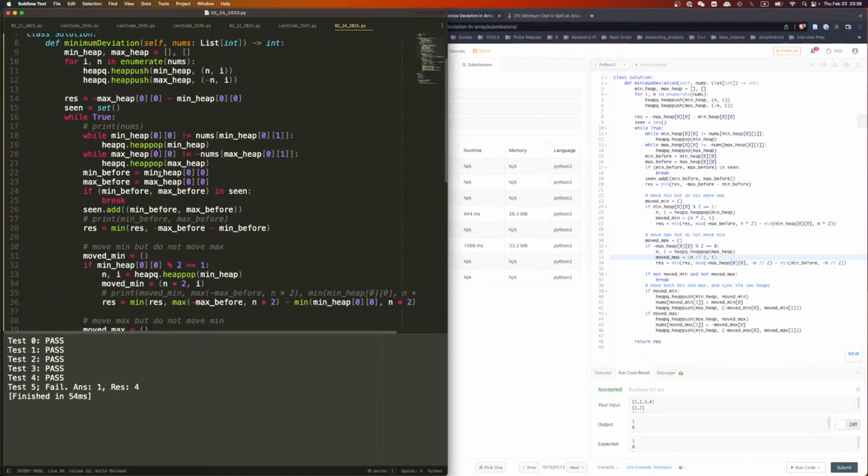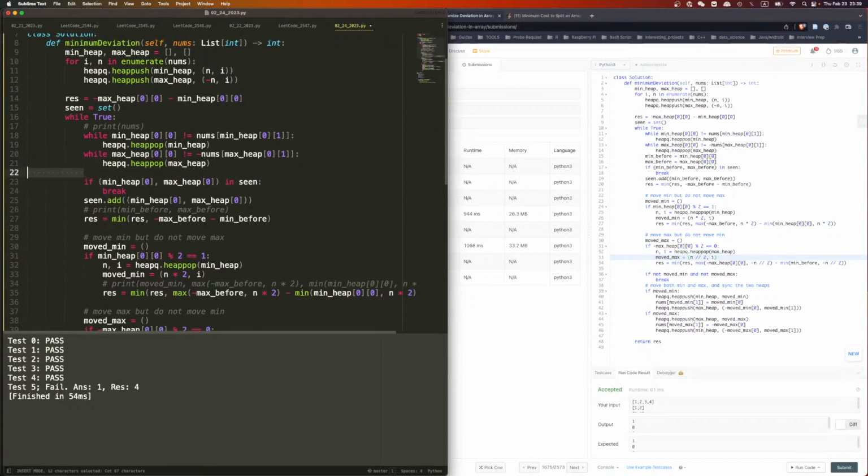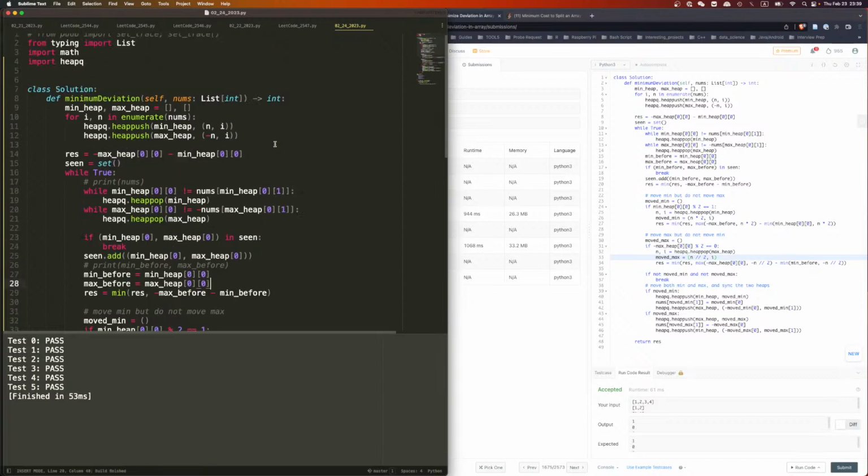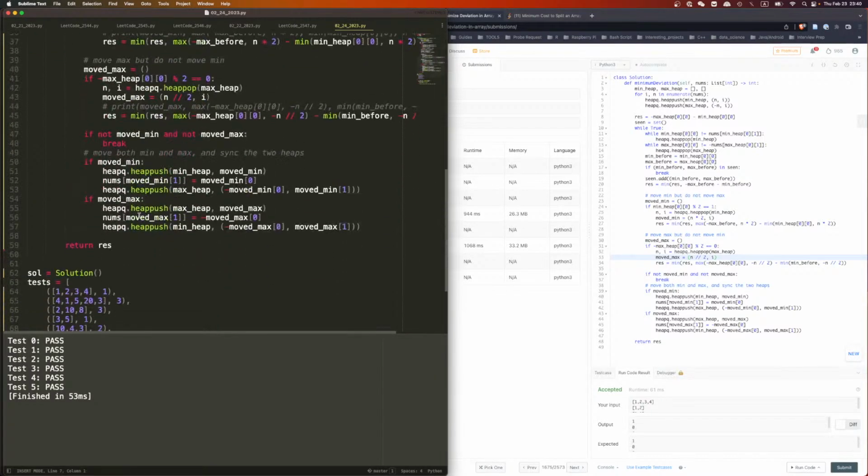So what we can do is, let's get this tuple. Tuple needs to be a little bit more.